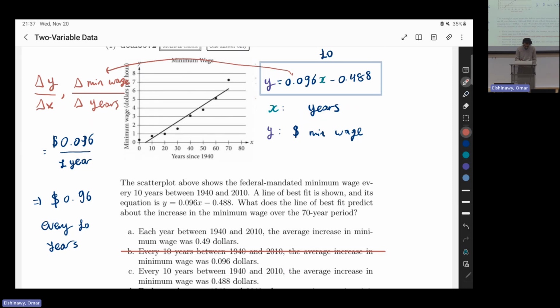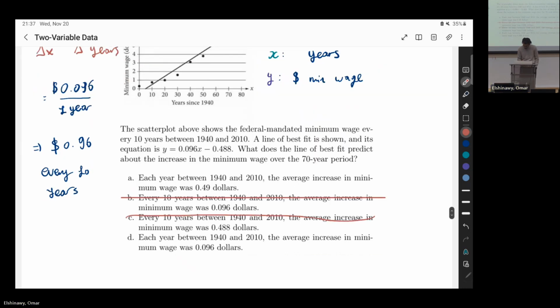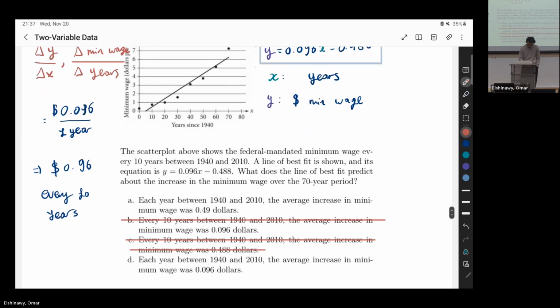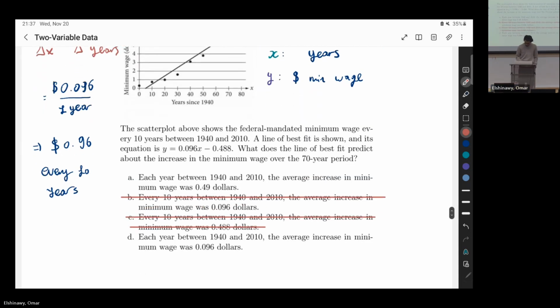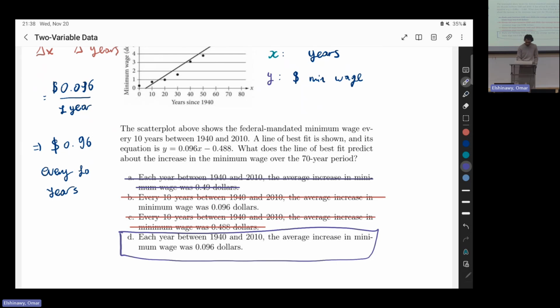If you just look at the graph, roughly in 10 years, the change is almost $1. And it's also not half a dollar. This fact. And then we have two statements, one that says 0.49, which is not correct, unfortunately, because I'm not even sure where you get this figure 0.49. How do you obtain this?